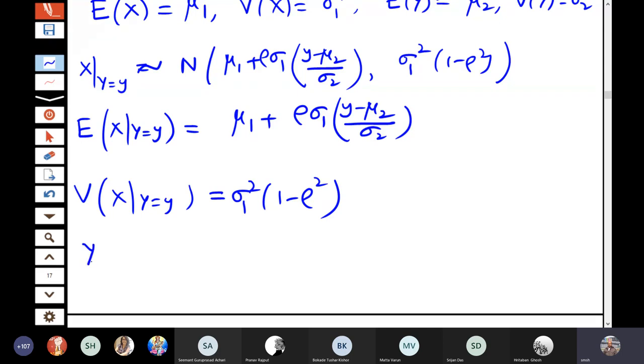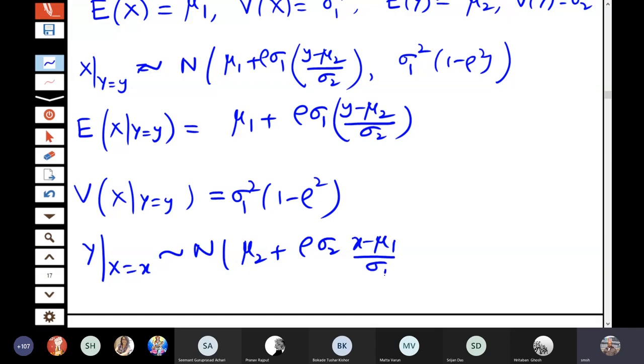Similarly, the conditional distribution of y given x is normal with mean mu2 plus rho sigma2 (x minus mu1) by sigma1 and variance sigma2 square (1 minus rho square).